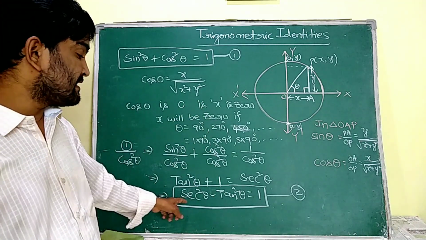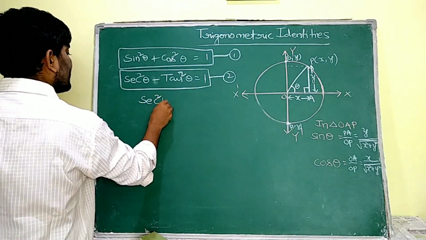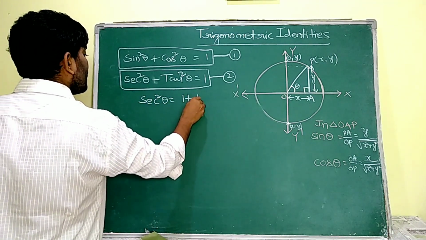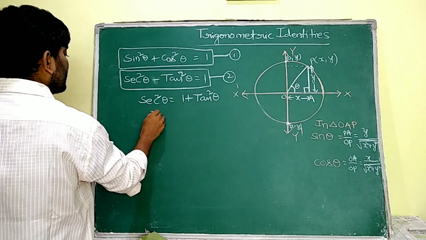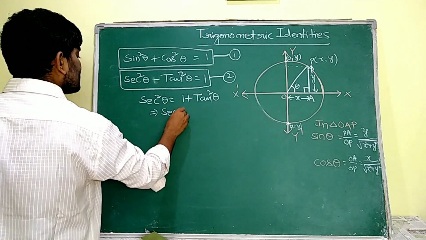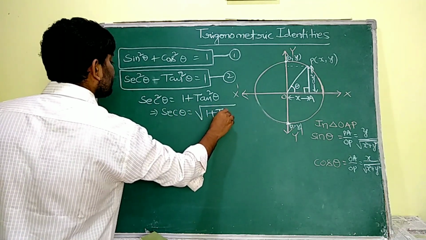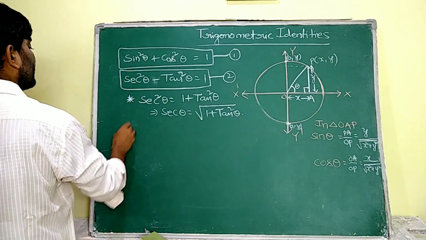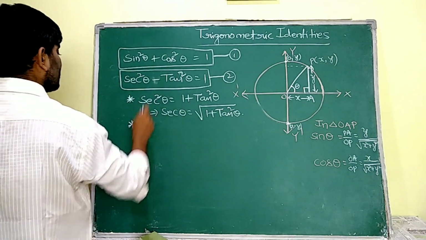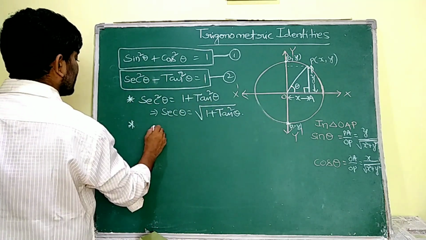This is identity 2. From this identity 2, secant square theta is equal to 1 plus tan square theta. If you want to write secant theta, then secant theta is equal to root over 1 plus tan square theta. If you want to write tan square theta, then bring this 1 to this side.